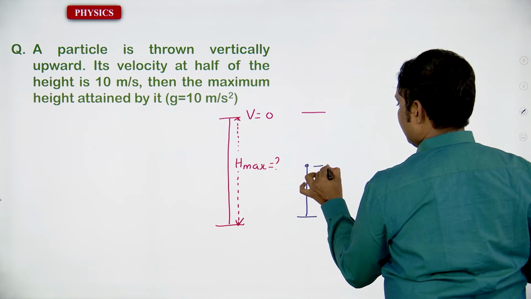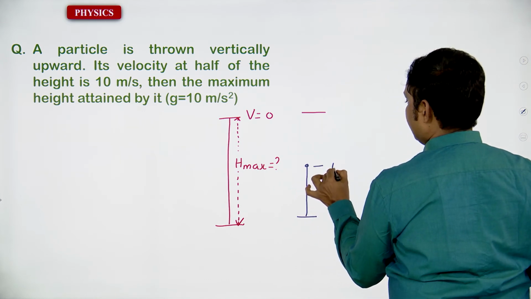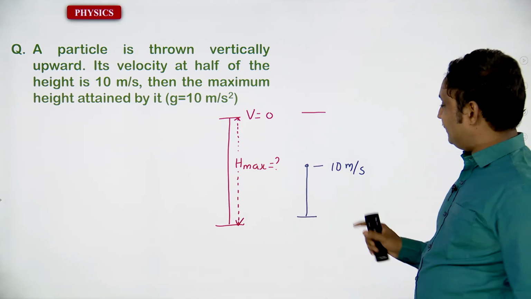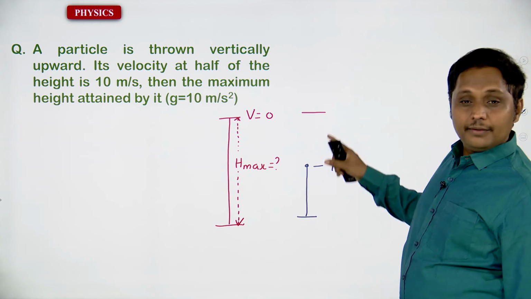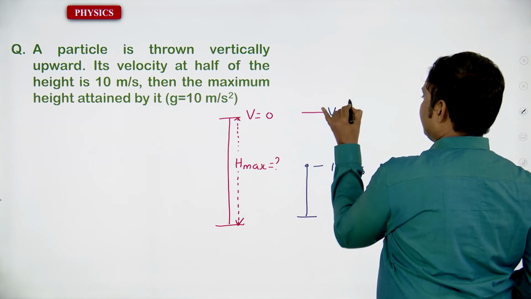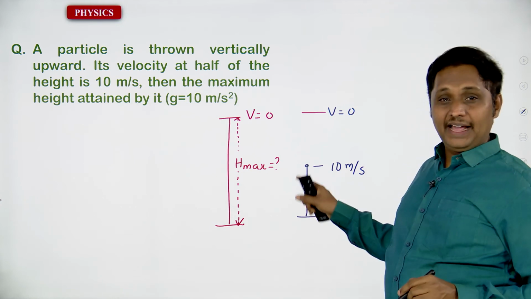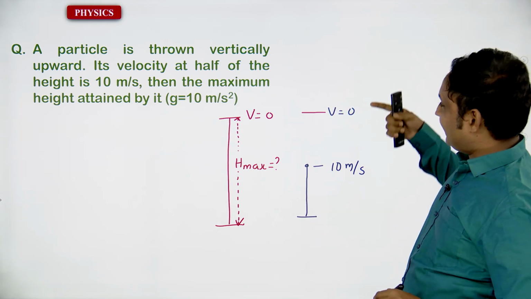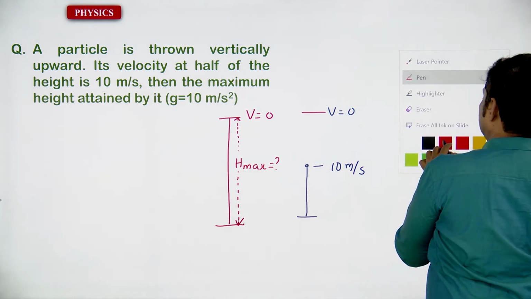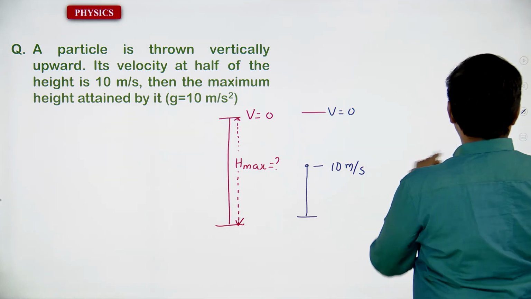This is going to be 10 meter per second. All right, it is 10 meter per second at half of the maximum height. Okay, you know very well about that. This is going to be 0 if it has reached that maximum height. It's very clear.